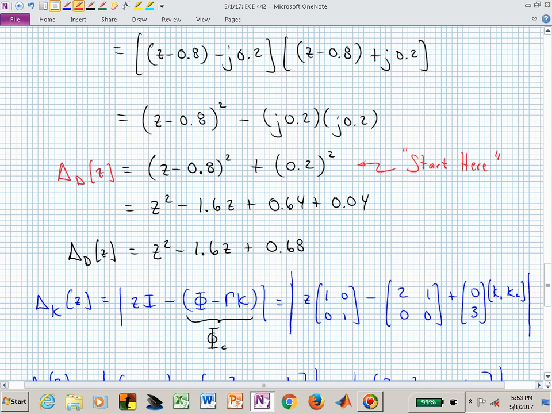And we can simply perform the algebra based on finding the determinant of zI minus phi sub c, where phi is 2 1 0 0, gamma is 0 and 3. What's going to happen when we multiply gamma times k?